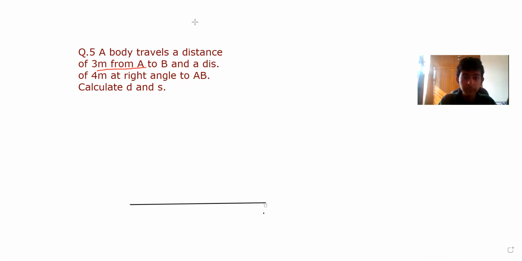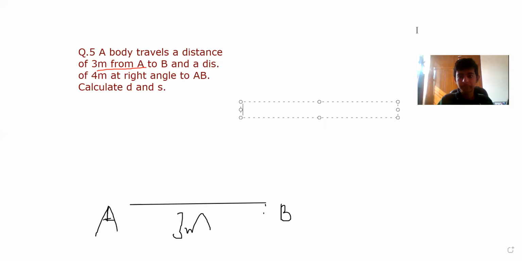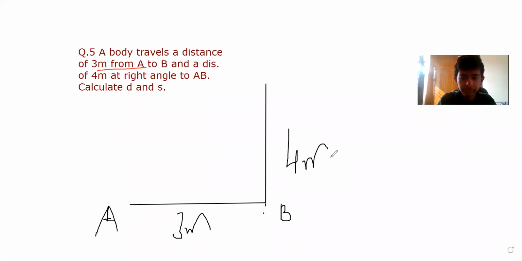So this is A, this is B. And then it is at right angle to AB, a distance of 4 meter. Now we have to calculate distance and displacement.